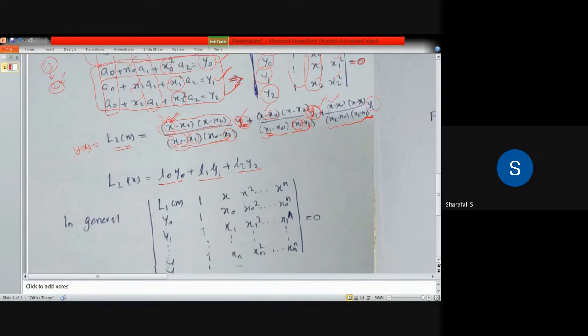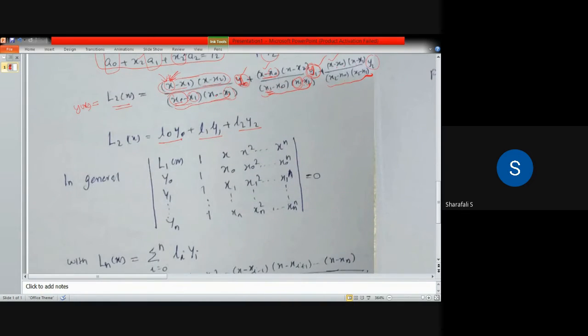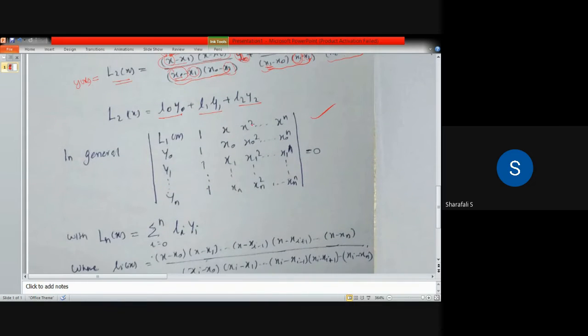Okay, now we will go to the generalized equation. In general, we can write the determinant like this for n data points. You can consider n plus 1 data points and an nth degree polynomial.